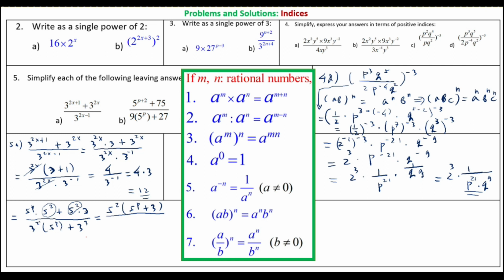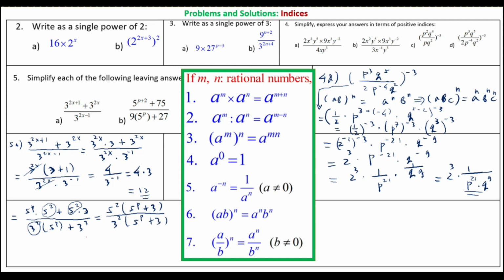We've got 3 to the power of 2 and 3 to the power of 3. So 3 to the power of 2 is a common factor in the denominator. So we can factor that out: 3 to the power of 2 times (5 to the power of p plus 3 to the power of 1), because 3 to the power of 2 times 3 to the power of 1 becomes 3 to the power of 3.